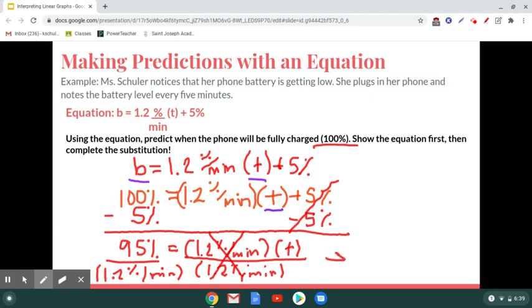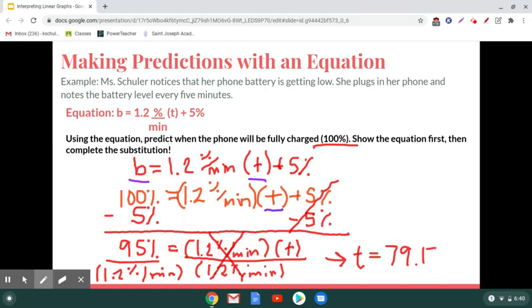So I'm going to carry this over here. 95 divided by 1.2 is 79, and this is what T is equal to. If you plug it in your calculator, you'll see that you get 1.66666. We're going to round to 2 decimal places.